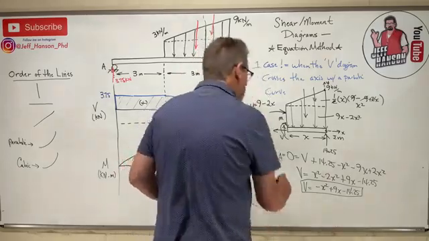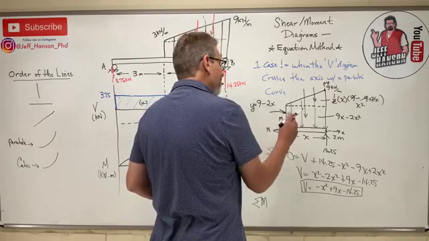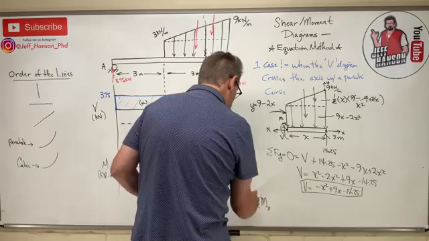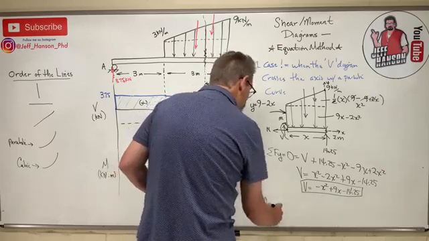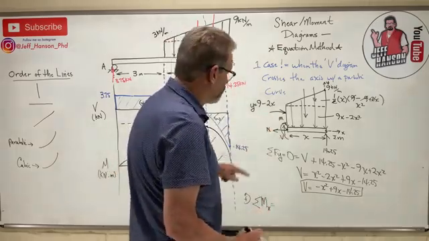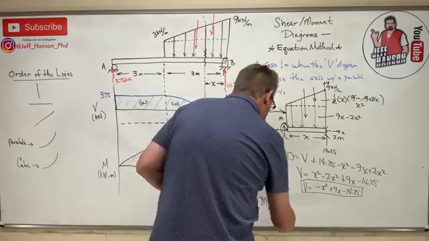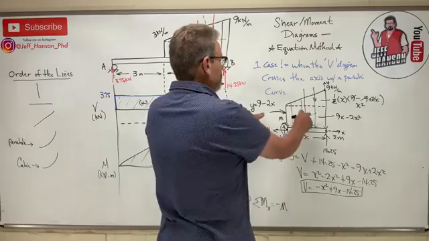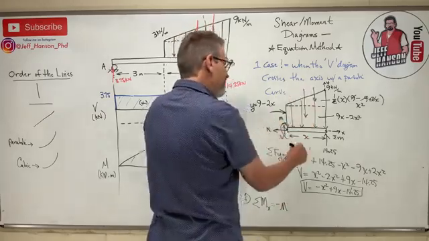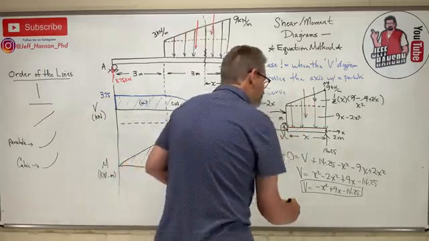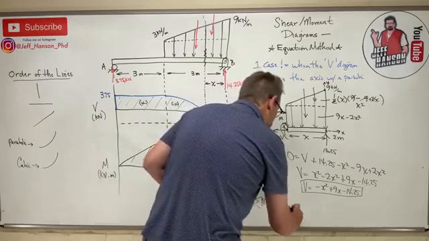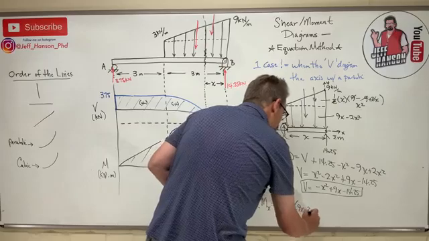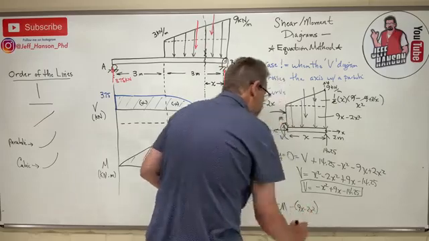So now let's do the sum of the moments about this point right here, about the cut, okay? I'll call it x for where we cut it, okay? And what do we get? Well, we have m. Again, it's an assumed direction, but that's negative. So minus m, okay? And then what? I've got this guy right here, which rotates me minus. So that's minus 9x minus 2x squared, right?